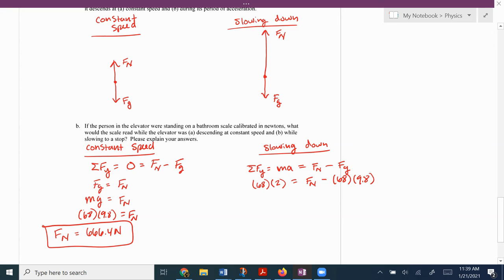So 68 times 2 is 136, plus 68 times 9.8, which is 666.4. The normal force is equal to the sum of those two, 802.4 newtons.